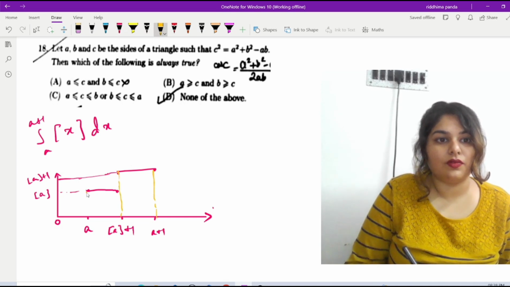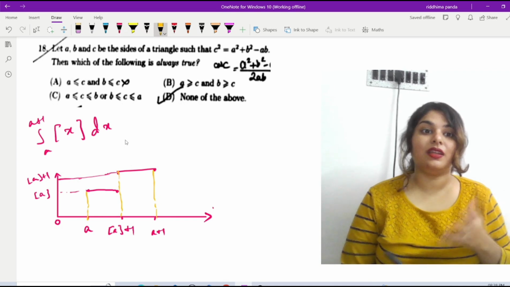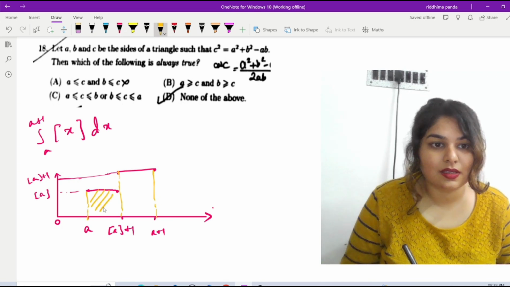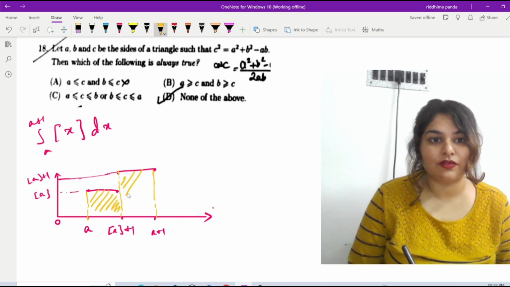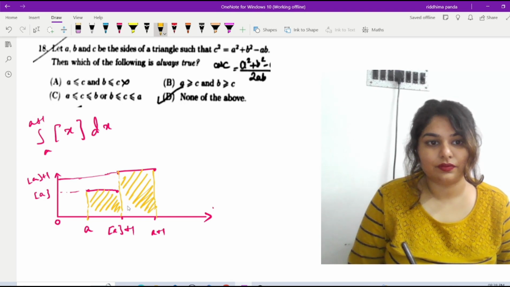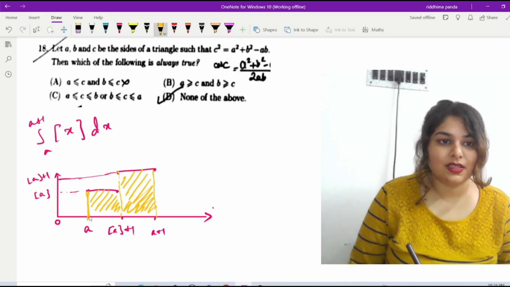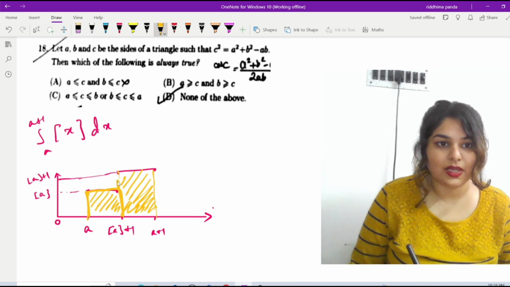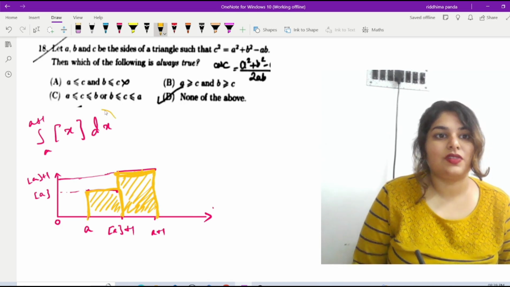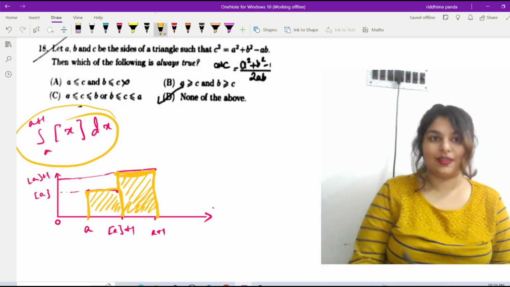According to the question, we have to find the shaded area. That means this area plus this area gives us the answer.